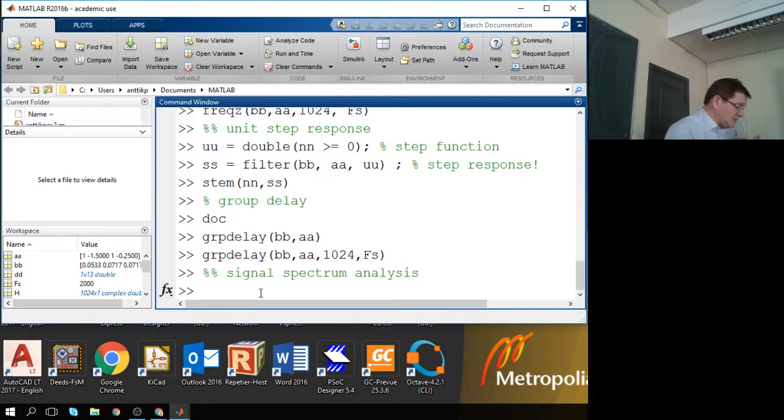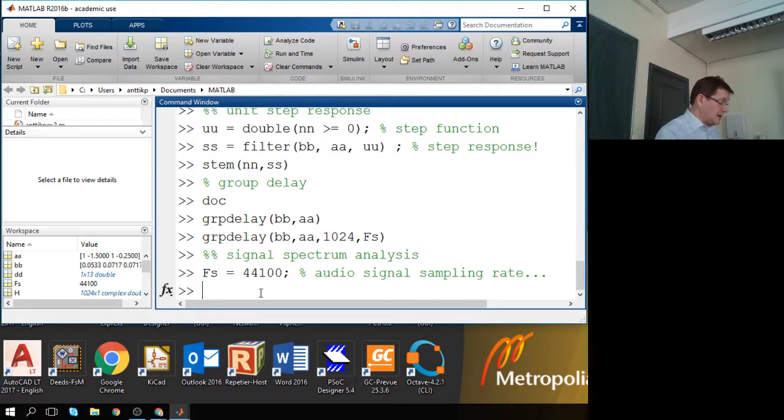Okay, maybe I'll just do a voice sample then. It's 44.1 kHz, so that's an audio signal sampling rate for good quality. Good. Then for a test signal, I will make a chirp.